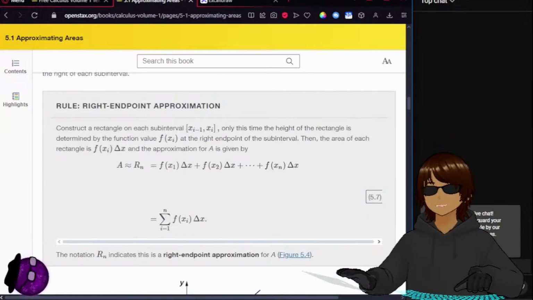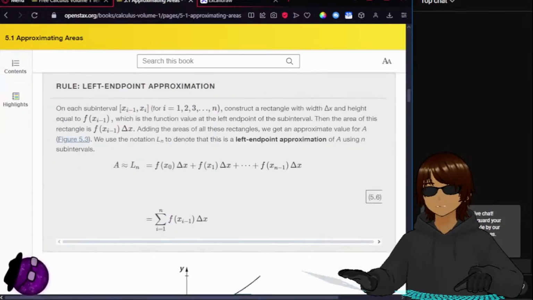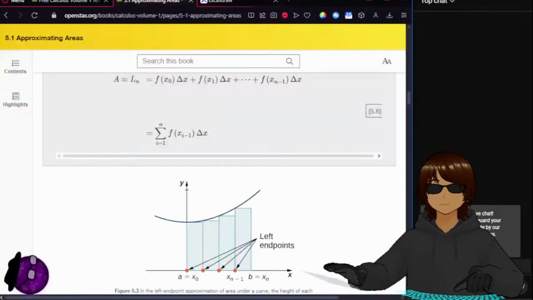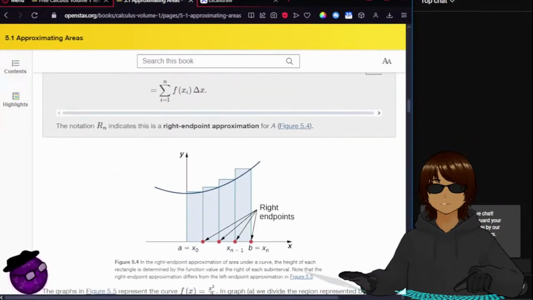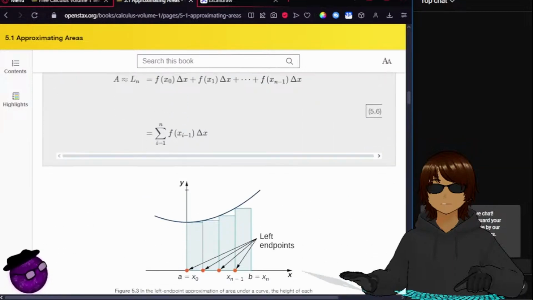So this is the right endpoint approximation. Left endpoint. Okay. So right endpoint, we take this height. To get the area of the first part, we take the height of x1 multiplied by the interval. And for the left endpoint, we take the left endpoint as the height of the rectangle.